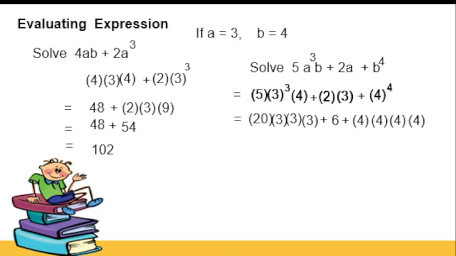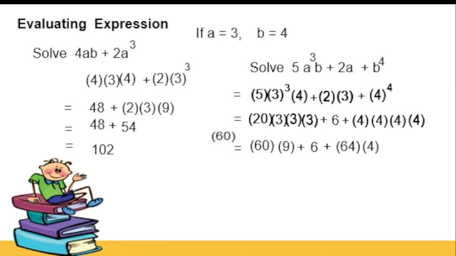Okay, so this time let us multiply the 20 and 3 and the result is equals to 60. And then 3 times 3 is 9, plus, you have to bring down 6, plus, get the product of 4 multiplied by 4 is 16 times 4 is 64, and then bring down the other 4, so you have to multiply that.